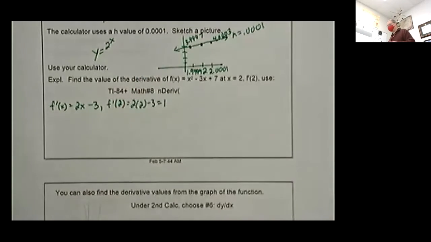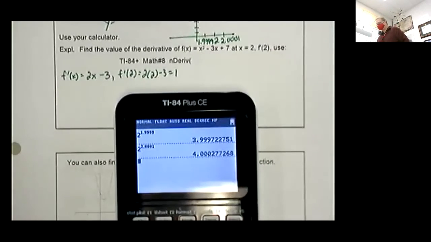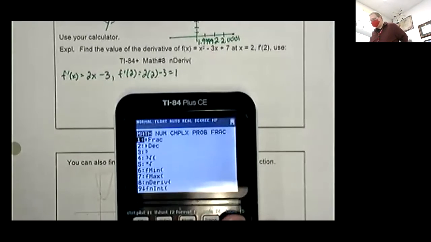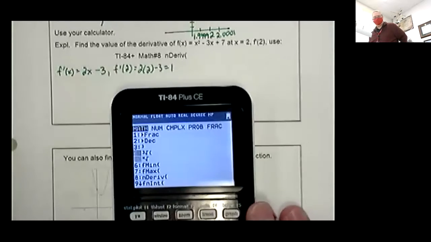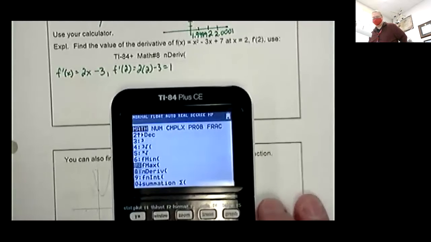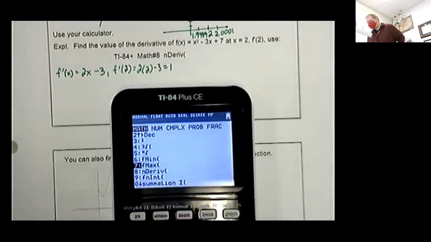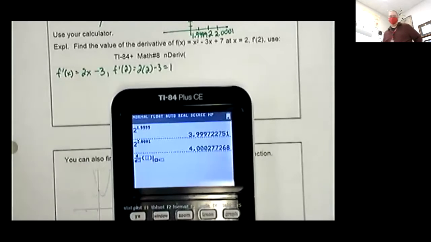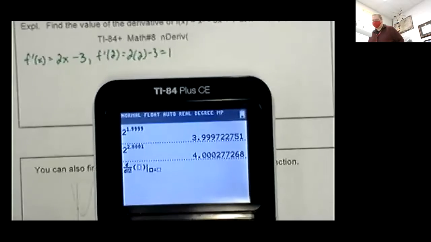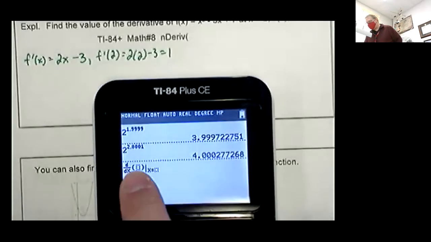Well, we can also do this with the calculator. There are several ways we can do this. We're going to go to math, and we're going to go to deriv. So there's our nth derivative, there's our derivative function. And it's going to bring up a couple of things. First thing it's going to ask for is what are we taking the derivative with respect to? We're taking the derivative with respect to x. Then we can type in our function.